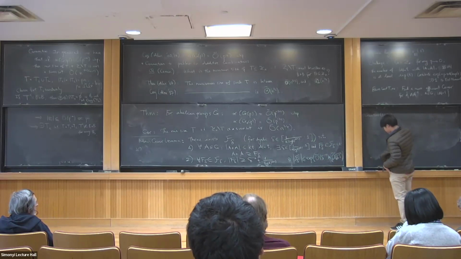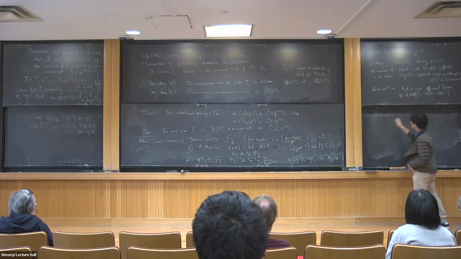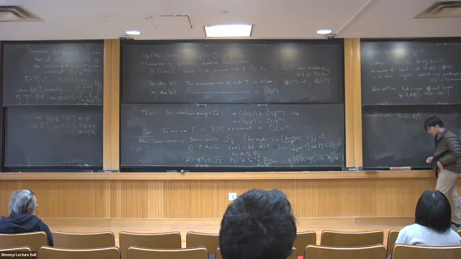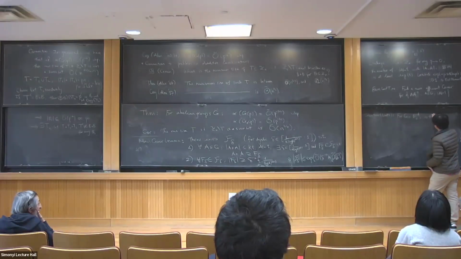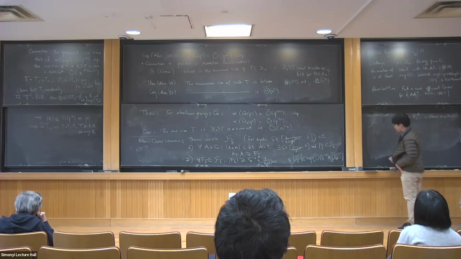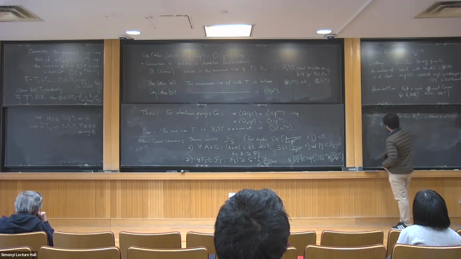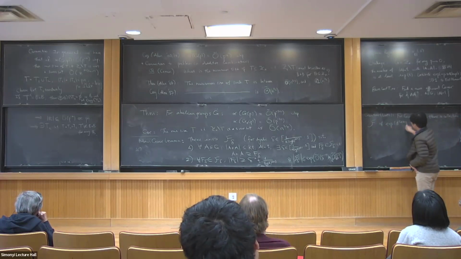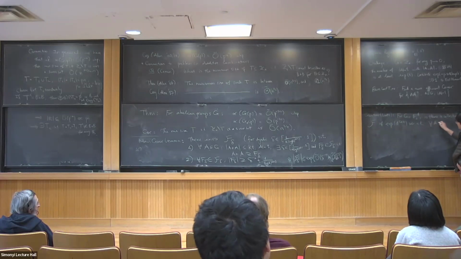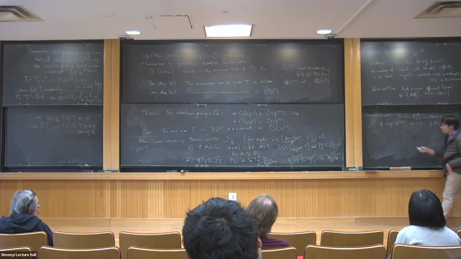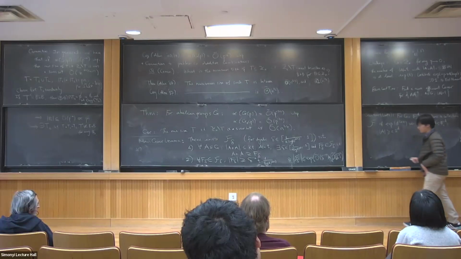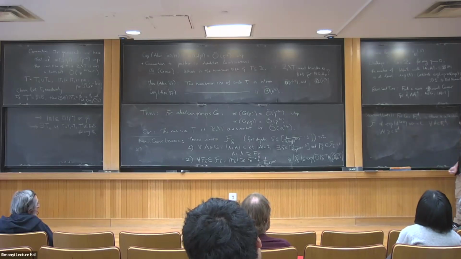I think of Shkredov, that even restricted to the case where, let's say, the abelian group G is a Boolean cube, F2 to the D. And we ask if there is a collection F of subsets of F2 to the D of few sets, so let's say exponential in D many sets, such that for every subset A of F2 to the D of very large size, so for which the size of A is at least some absolute constant times 2 to the D. Obviously, such a set A must have constant doubling.